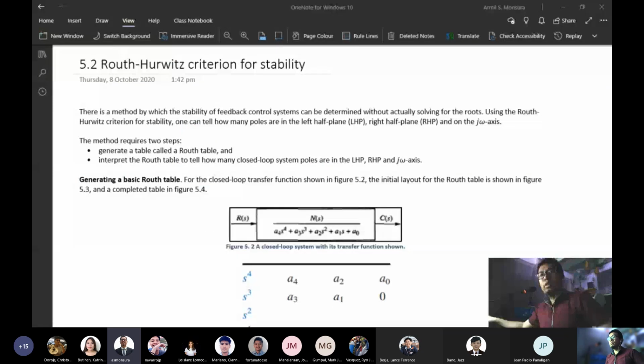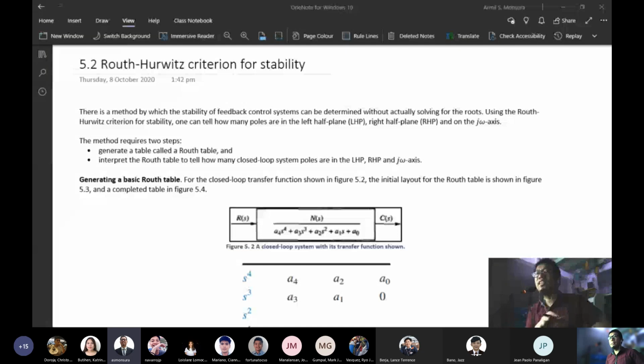Now we proceed with the determination of the condition of the stability of your system. But this is aside from actually obtaining the poles or the location of the poles of your system. Because, as we said, we can actually solve for the poles using our computational tools such as MATLAB and Octave.